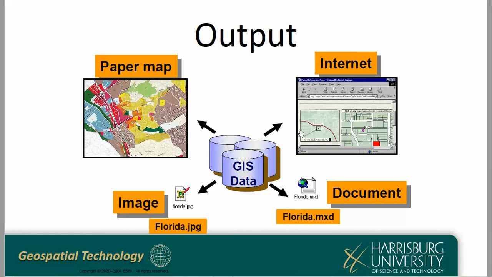In the case of ArcGIS, the software we use, you produce something called an MXD, or a map document. Or you could publish your data to the internet. We'll get into that in the cartography class that's GSTC 210 in a subsequent semester. But all of the spatial data you're working with in GIS could be published to the internet. So lots of different output types and formats that we can use.